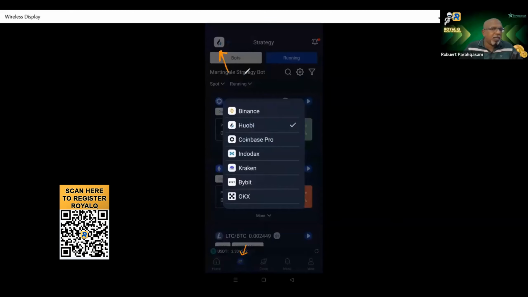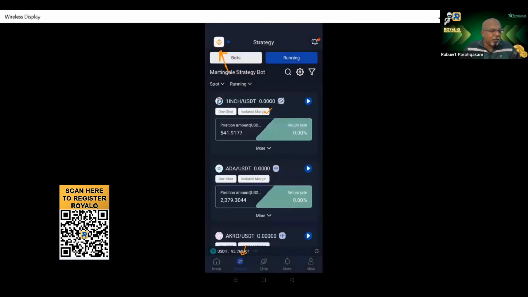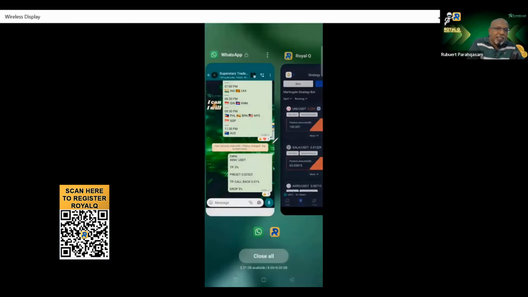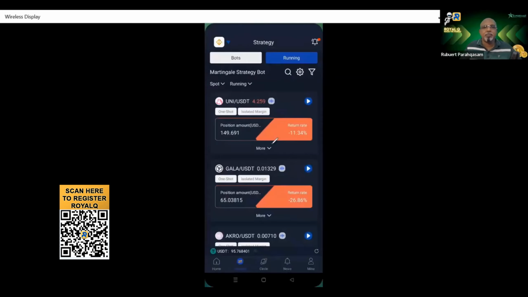Let's go to Binance. Just tap on that and choose Binance. Okay, we are in Binance right now. Which is the coin that we are going to trade? XEM. Is that right? Yes.